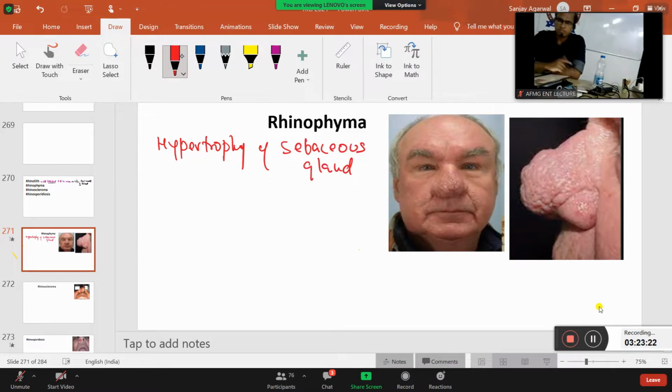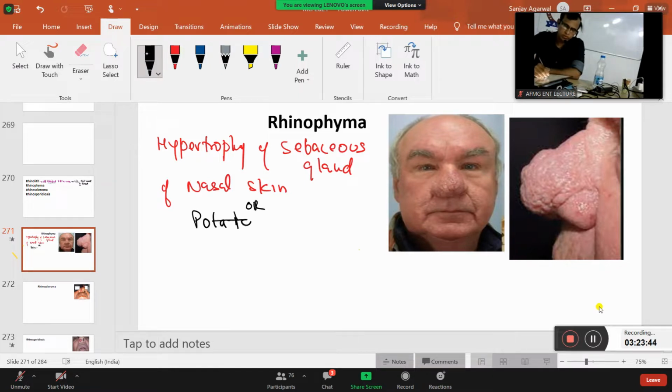This hypertrophy of the sebaceous glands of nasal skin is rhinophyma. If you look at the second image, the nose begins to be very big and ugly. This way it is also called potato nose. This is an MCQ. What is potato nose? This is the name for rhinophyma.